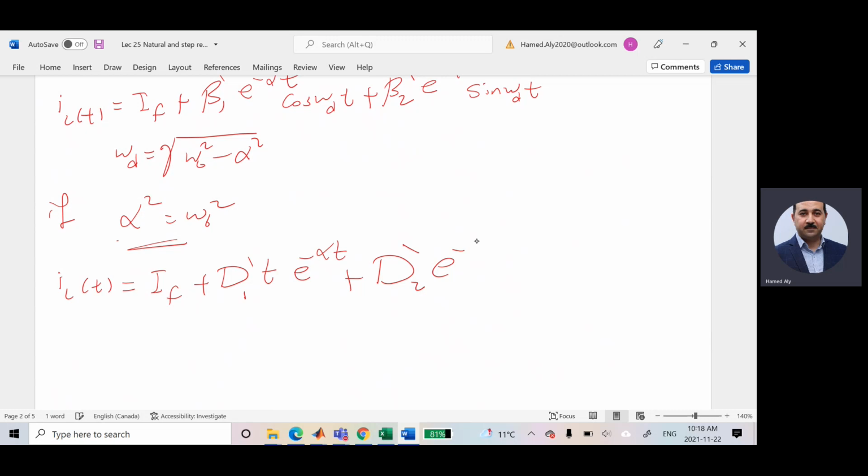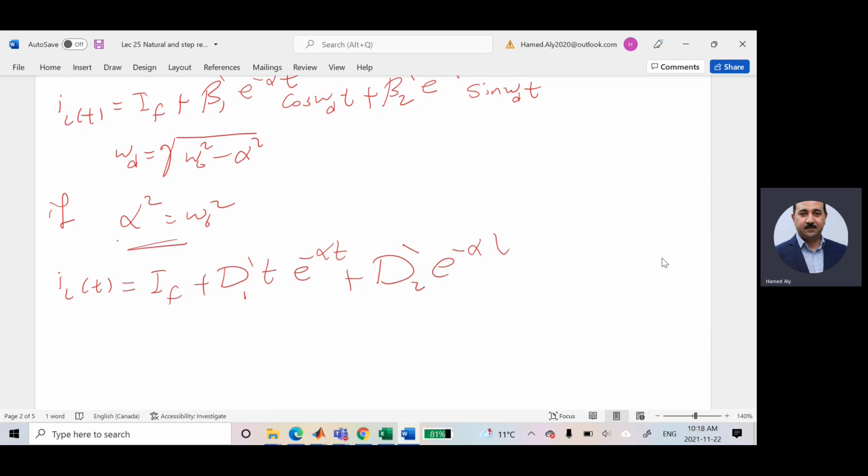Again, if you would like to find the values of D1 prime and D2 prime, you can use the initial conditions. These are the three different cases.